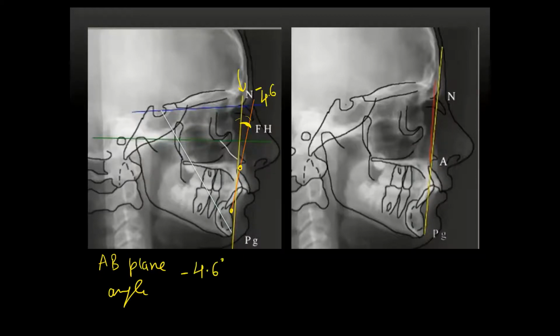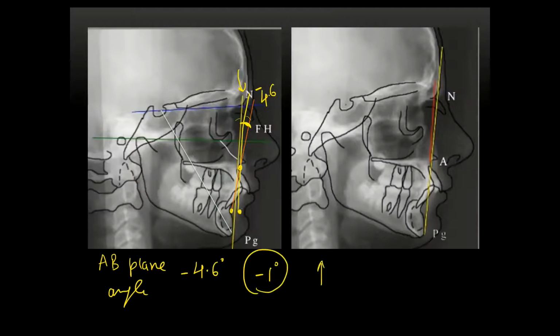What happens if this angle increases? Now, if the mandible comes forward, B will be somewhere here and A would be like this. So this angle would be minus 1 degree, say for example. So if this angle increases, minus 1 is larger than minus 4.6.